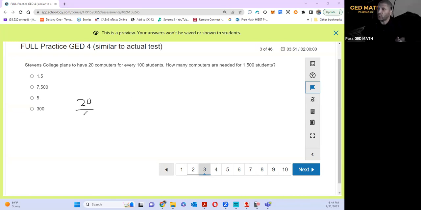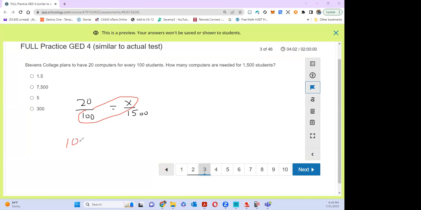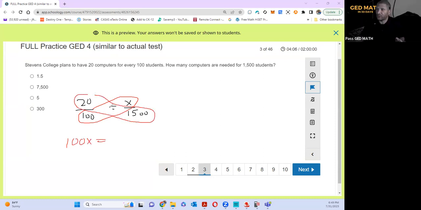The last way: 20 over 100 equals X over 1,500. You can solve every proportion this way, using cross multiplication. 100X equals 20 times 1,500. Well, it's a big number. 15 times 2 is 30. How many zeros do I have? 1, 2, 3.